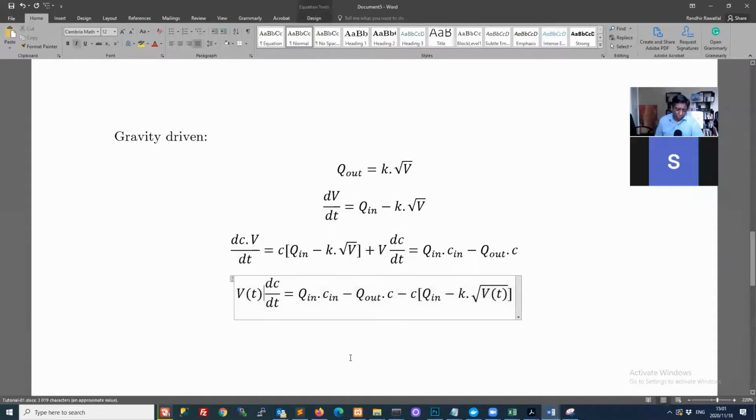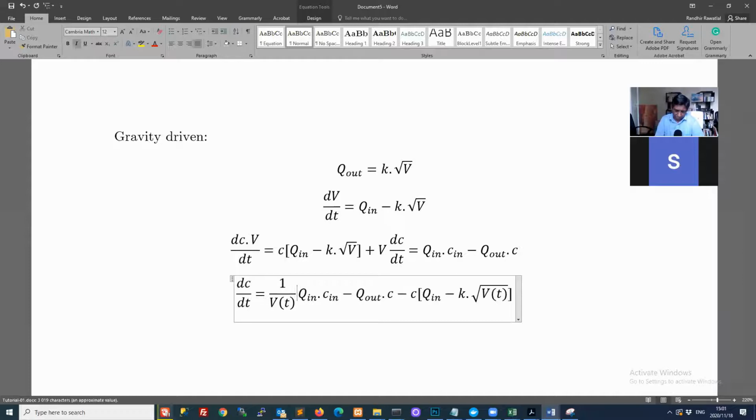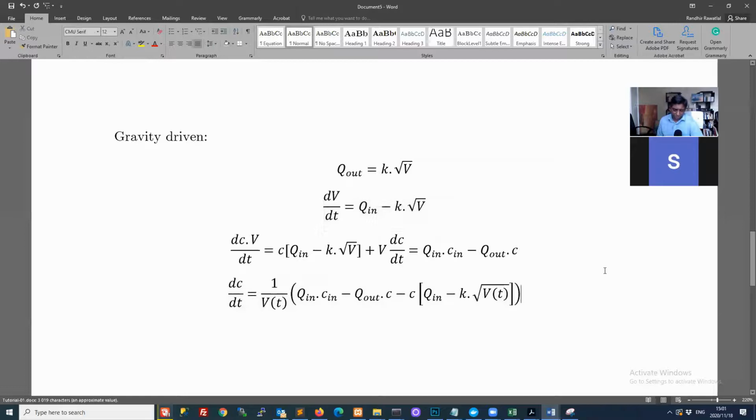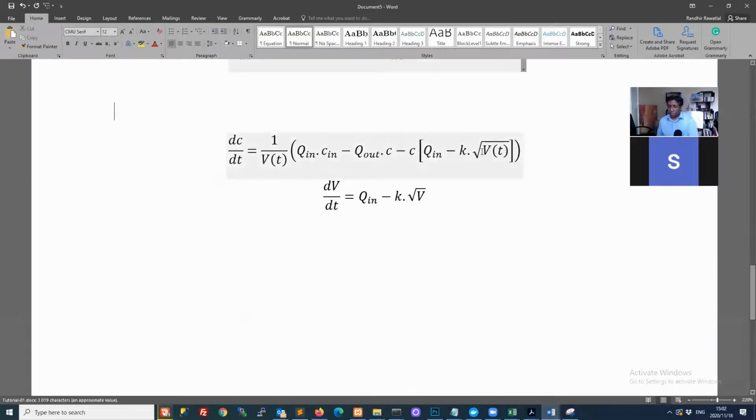We can't solve it without knowing V as a function of time. So if you want to divide by this V, you have to write it like this. Okay, so that's the balance in the second situation. And we have to solve that equation simultaneously with this one. So this is the material balance in case 2.